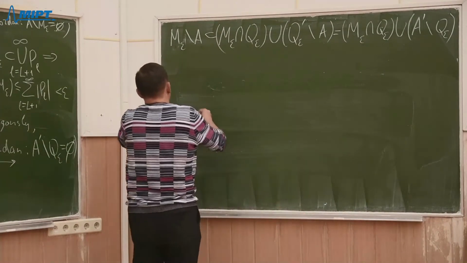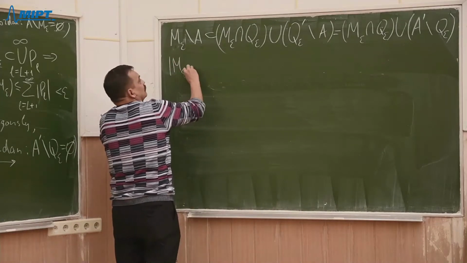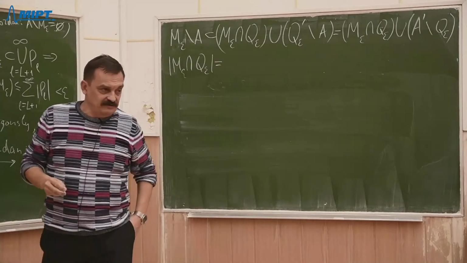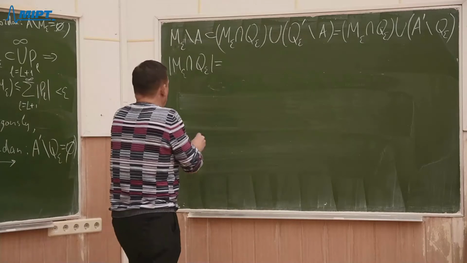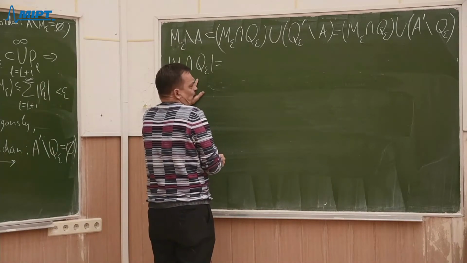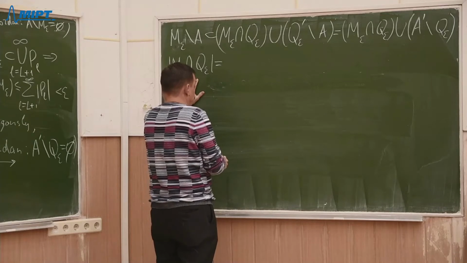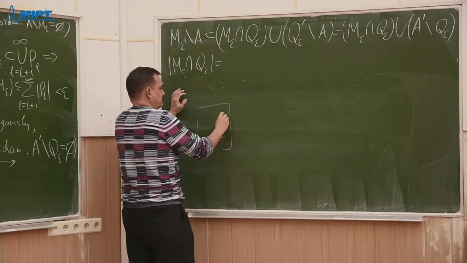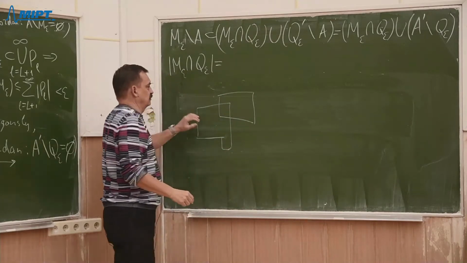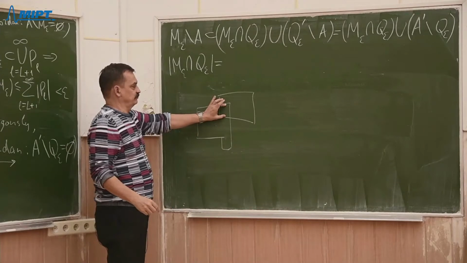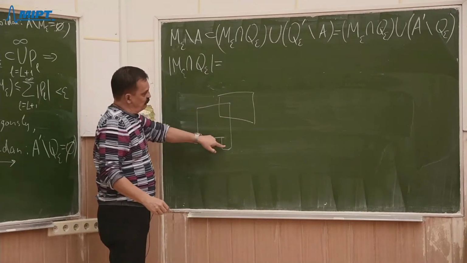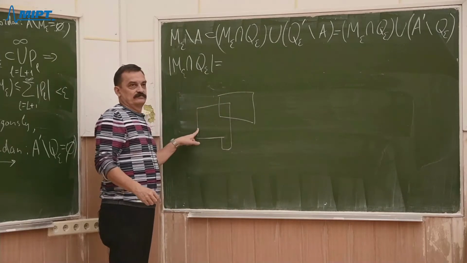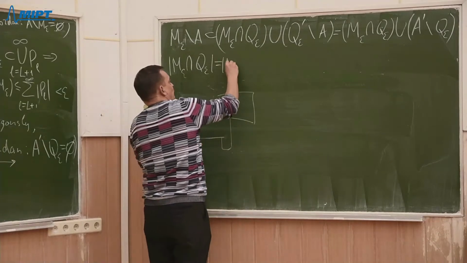But remember, according to properties of elementary sets, we have the following equality. The volume of the intersection, roughly speaking, is like this. We have one set, another set, right? So for the volume of the intersection, we should take the sum of volumes without the volume of the union.